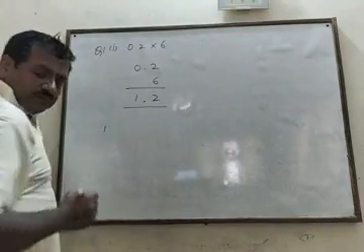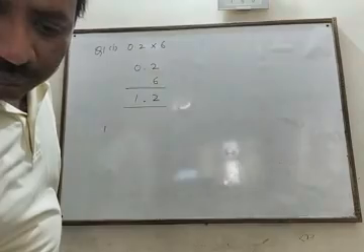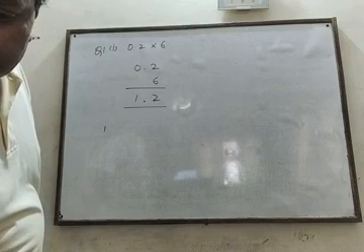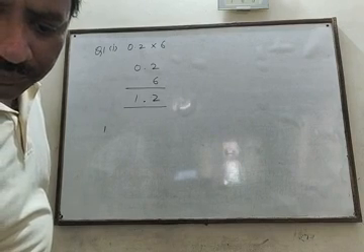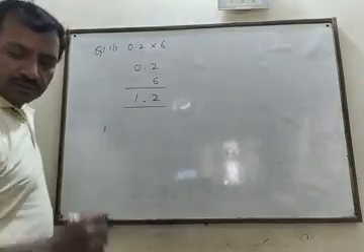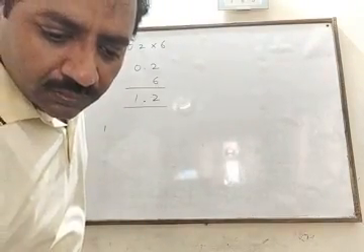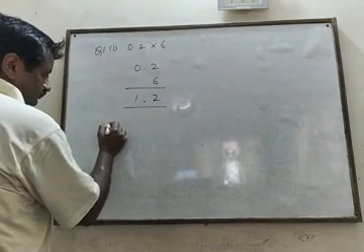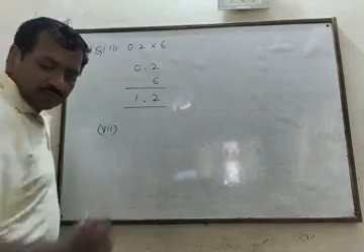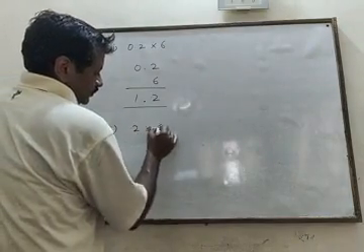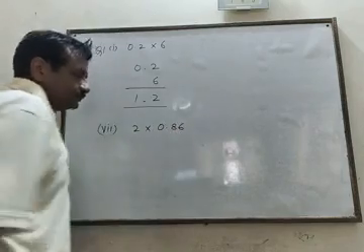Similarly, the last part, that is 2 multiply 0.86.